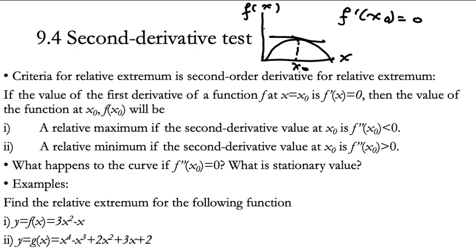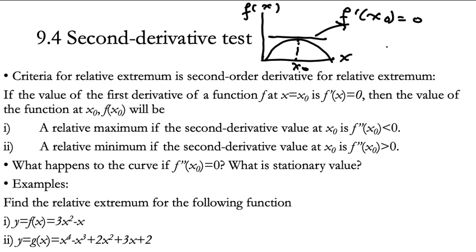When the slope is flat, the tangent line at x naught is flat as well. So the tangent line slope is 0.